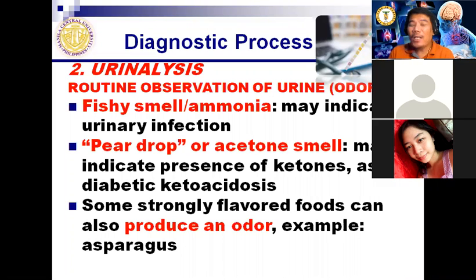Another one, if we talk about food, the most identified based on the studies as giving a strong odor to the urine is asparagus. So strong-flavored foods such as asparagus produce an odor. So these are the routine observations of the urine.